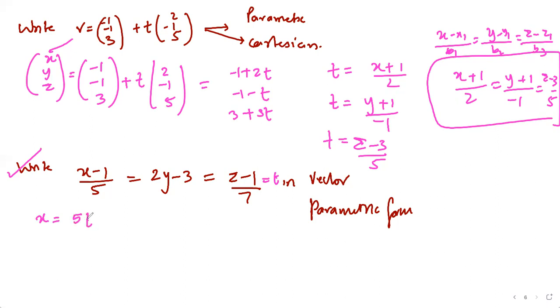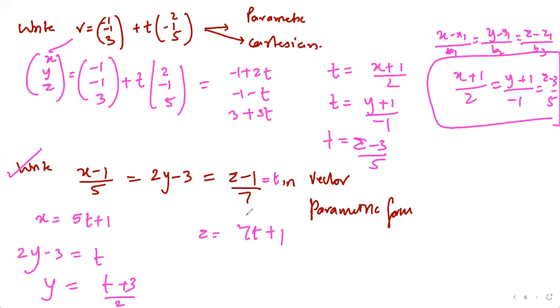So x will be 5t plus 1. You can see 5 multiplied by t, and then move 1 to the other side. And similarly, if I make 2y minus 3 equals t, y is going to be (t plus 3) upon 2, and z will be 7t plus 1.